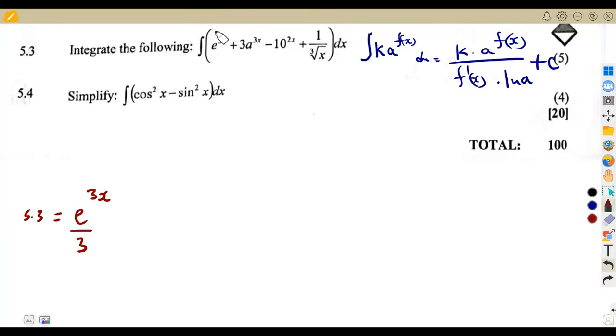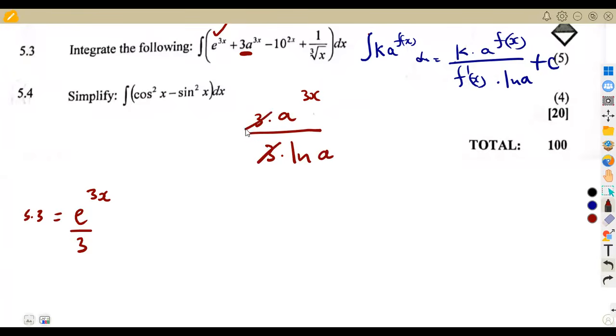Let's move on to the other one. The same thing on this part. The constant there, which is the k, is 3. So that's 3 times a to the exponent of f of x, which is a to the exponent of 3x, over the first derivative of f of x, which is 3, times the ln of the base, which is ln of a.